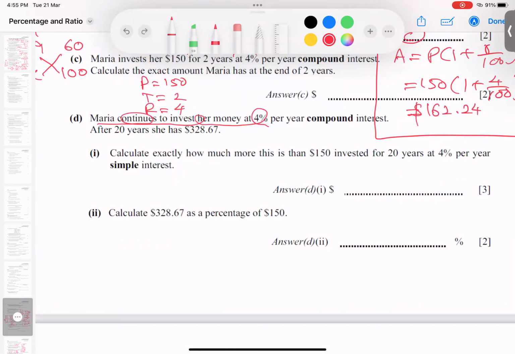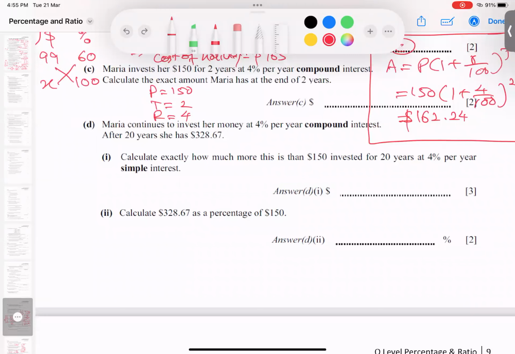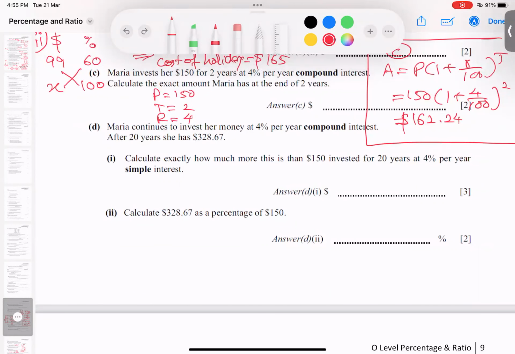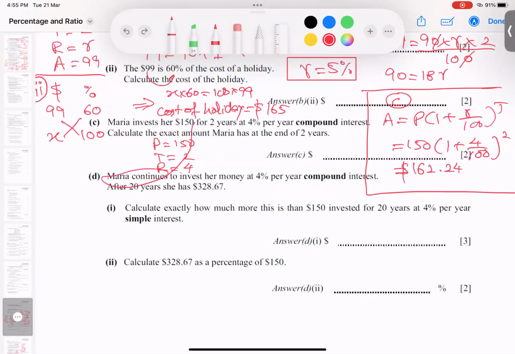And after 20 years, she has this much money. It means Maria invests money, in the beginning 150. She invested the money for 20 years, and she got this total money.